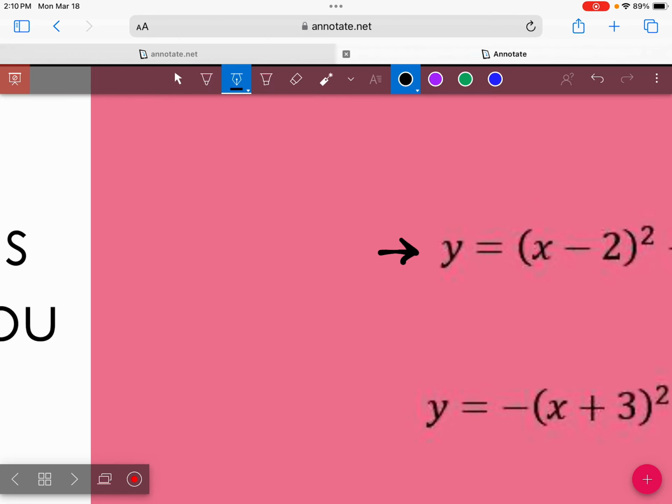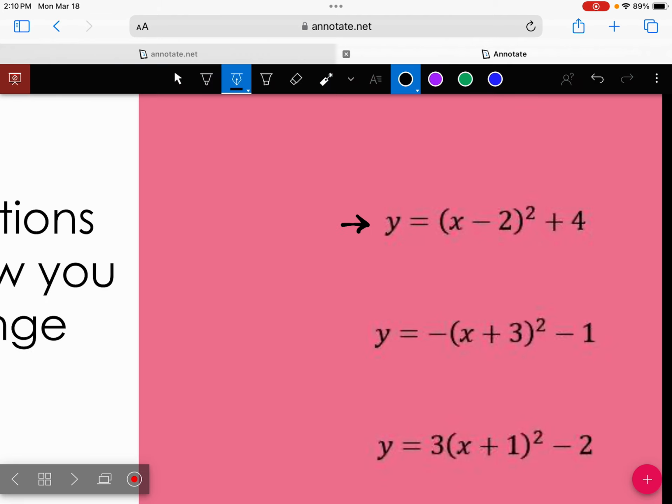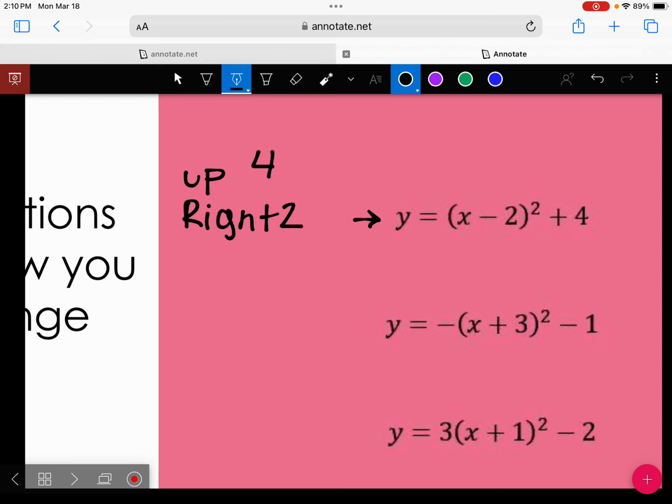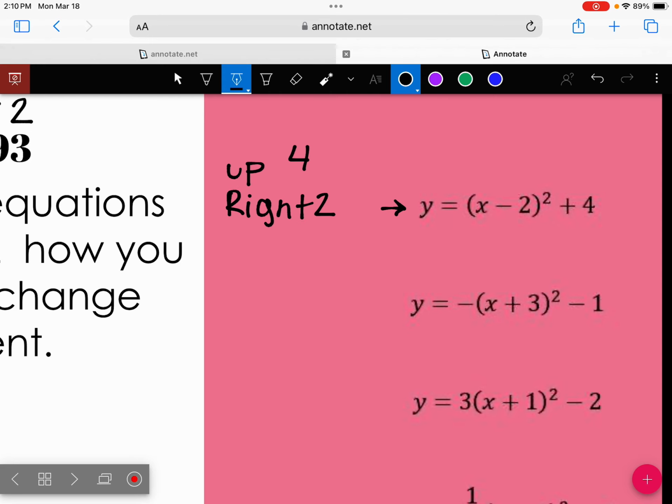It's been moved up 4 and to the right 2, and we know that A is 1, which means it's going to be a happy face, concave up. So we know it's going to be like this with our vertex at (2, 4). Even if I do no substituting and no sketching, what is our range here?